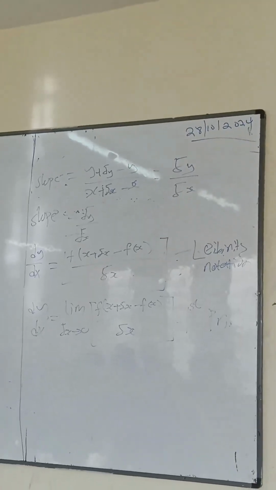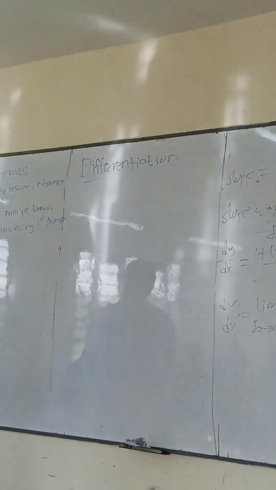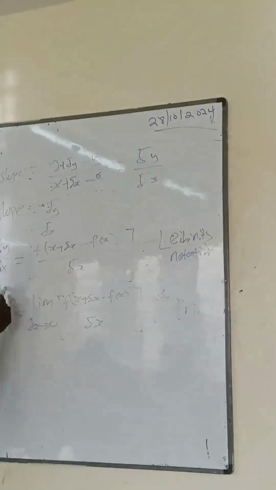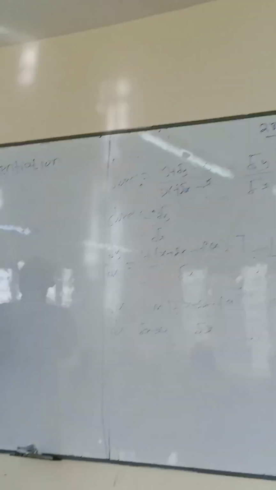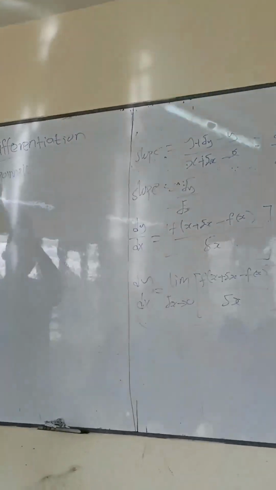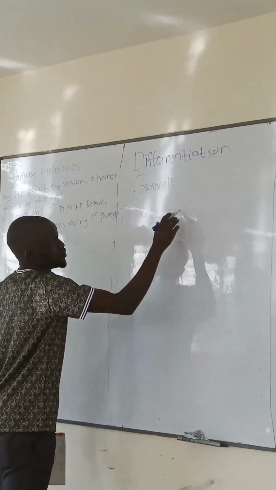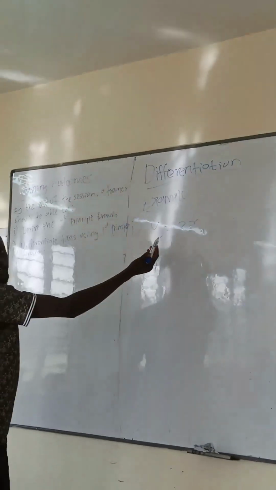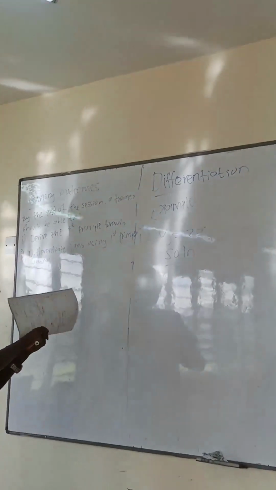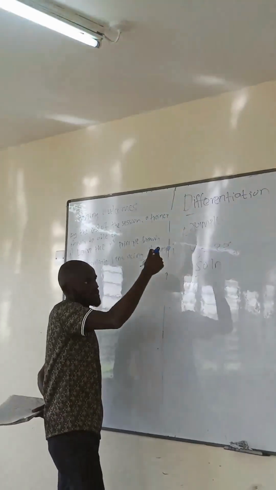Let's just look at only one example, to know how to use this first principle. More important, let's know that this is our first principle formula. For example, you are required to differentiate the following function using the first principle. Number 1, maybe you're given y is equal to 2x. When you are given such a function, y is varying with respect to x.